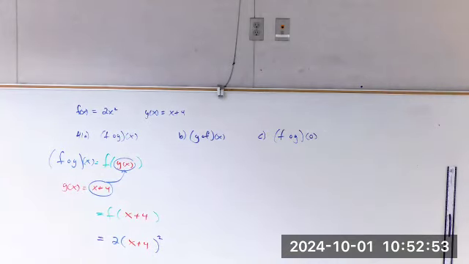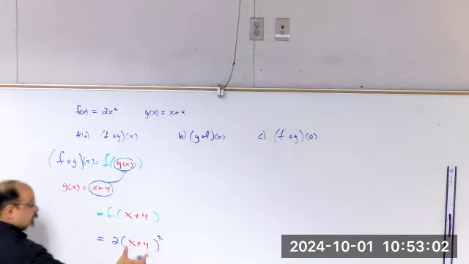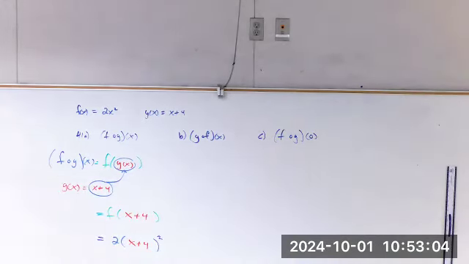Got to simplify now. Substitute, simplify. Order of operation. If I'm going to simplify this, parentheses first. Well, there's nothing I can do with x plus 4. So what do I do next? Should I square it or should I distribute the 2? Square.